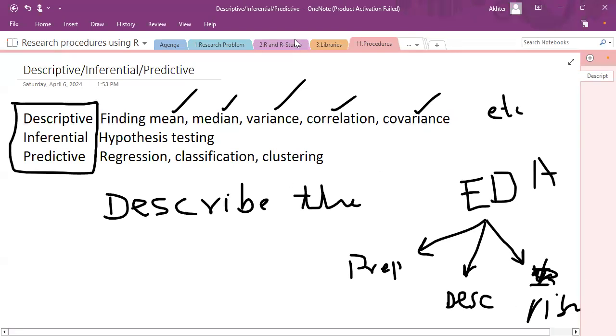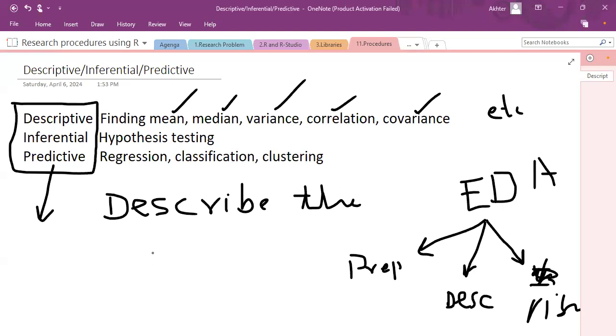Jamal, what is your question? My question is, if we find the probabilities, won't it be considered a predictive procedure? Yes, it is predictive if we are predicting the probability of losing a customer. By a model, we are predicting the probabilities.